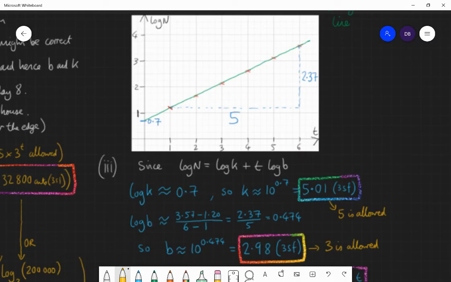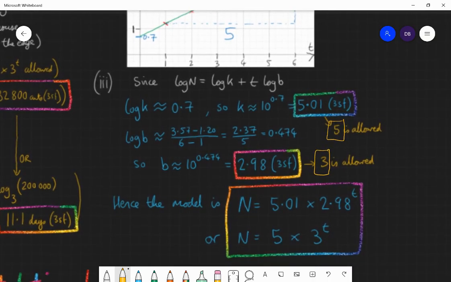I got 5.01, but anything around 5 is fine. B is around 2.98. I got 2.98. Anything around 3 is fine. Okay. So therefore, your function for the number of ants is approximately 5.01 times 2.98 to the power of t. That seems to indicate that every day the number of ants will triple.